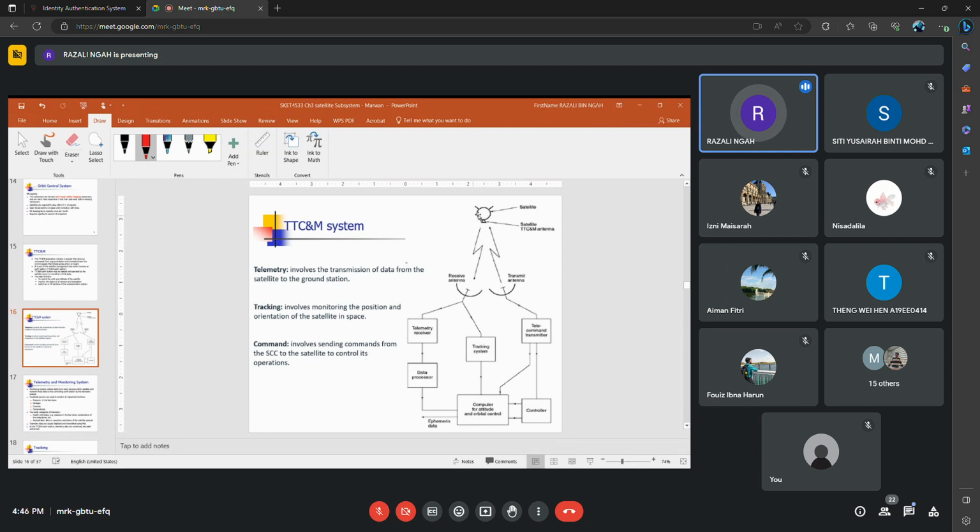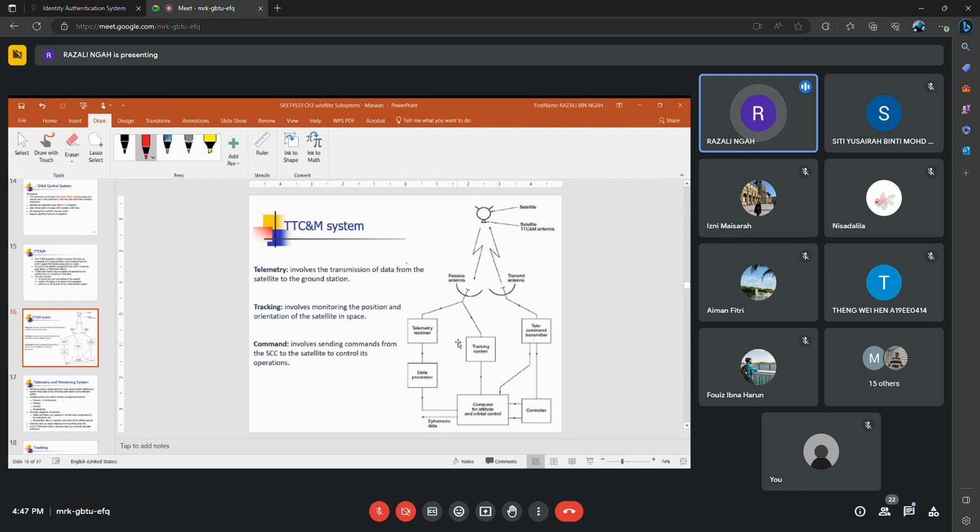All the information gathered from the sensors on the satellite will be transmitted to the Earth station, to the satellite control center. So we call it telemetry.